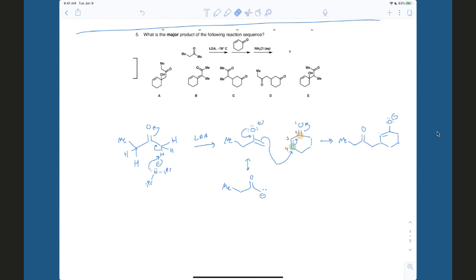So now we would just take this compound, add in ammonium chloride. Also note that whenever I write ammonium chloride, this is just for the workup. This is a mild proton source. I can't write tonight, I apologize.